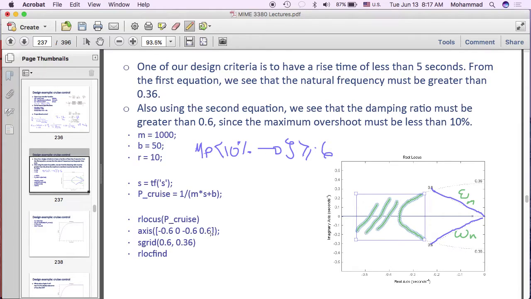So if you type axis, negative 0.6 is the minimum value of x, 0 is the maximum x, minus 0.6 and 0.6. It basically adjusts the figure for you so you can see better, and you can redraw the root locus and sgrid. So axis should be before rlocus.